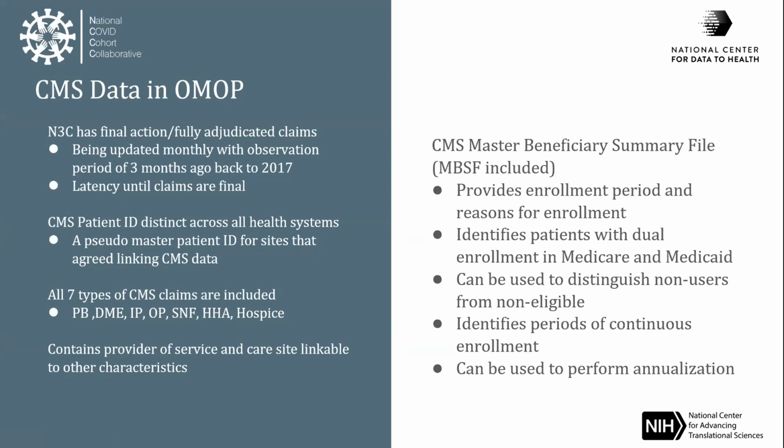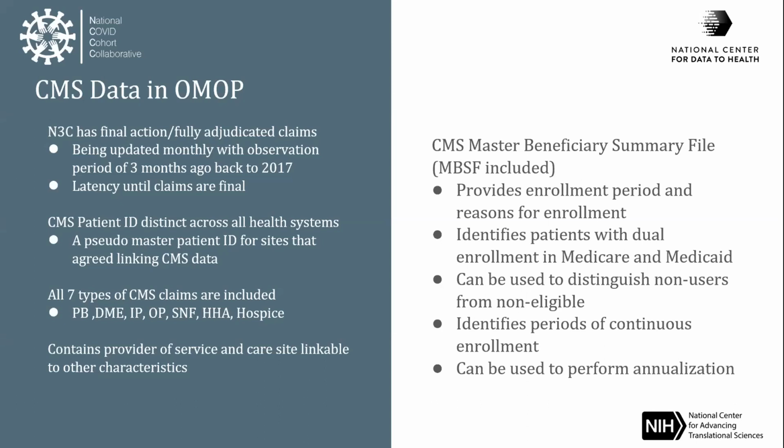It tells you on a monthly basis whether the person was eligible for Medicare, what types of Medicare, and why they were eligible. Did they age into it, 65 and over, or were they one of those other categories I mentioned, disabled or renal?